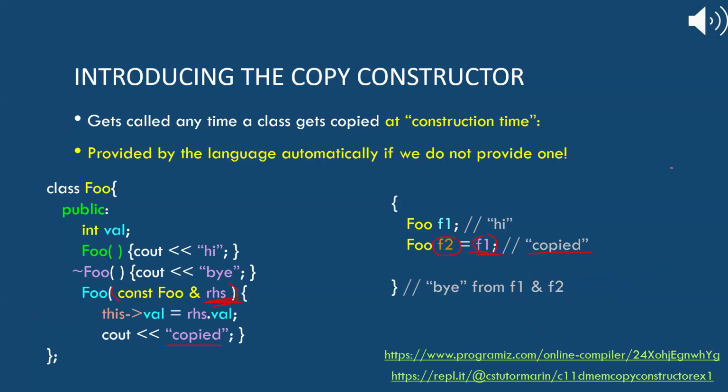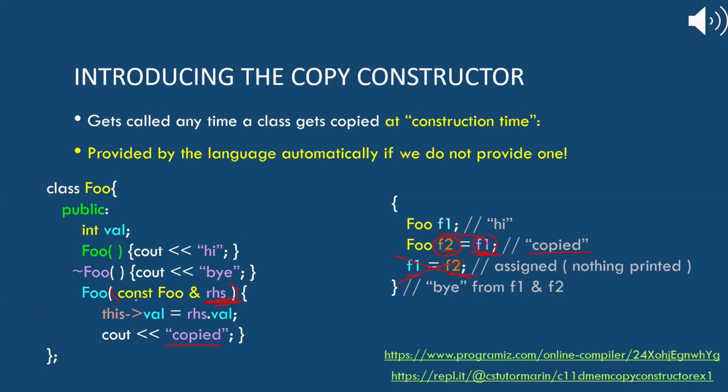This is different. That is not a copy constructor. We will get to that in a few minutes. That's our assignment operator, okay? So this pre-exists and this pre-exists, so that is not a copy constructor. This is a constructor, this is a constructor, and this is copying from f1, okay?